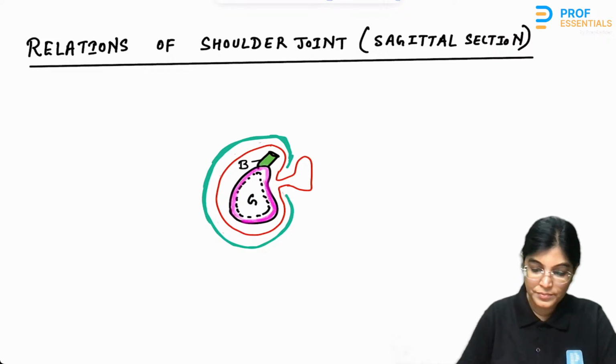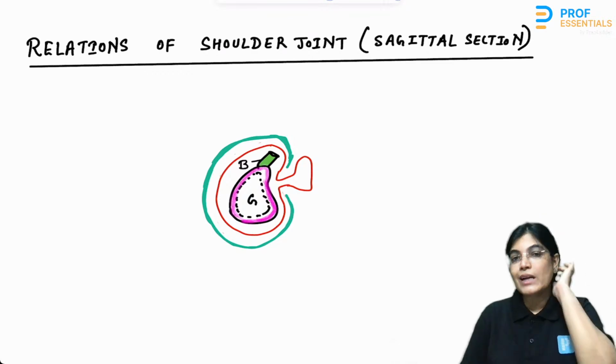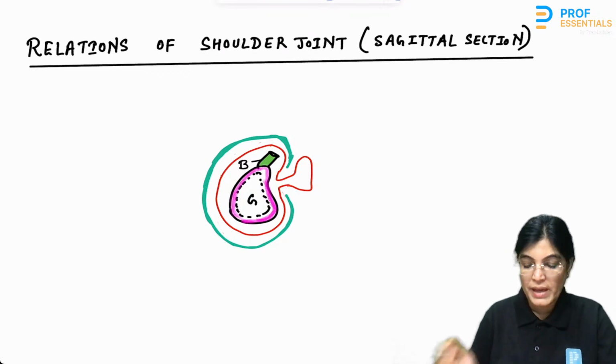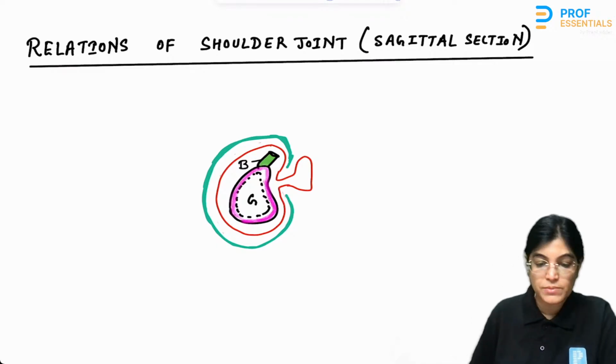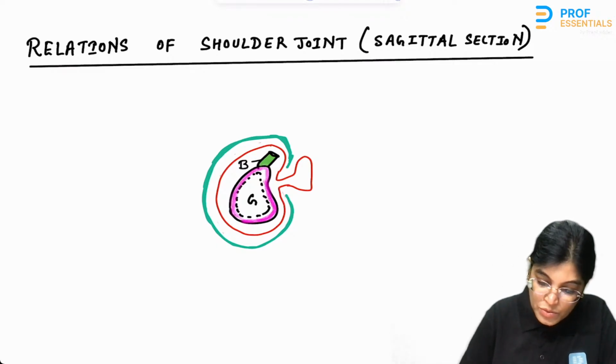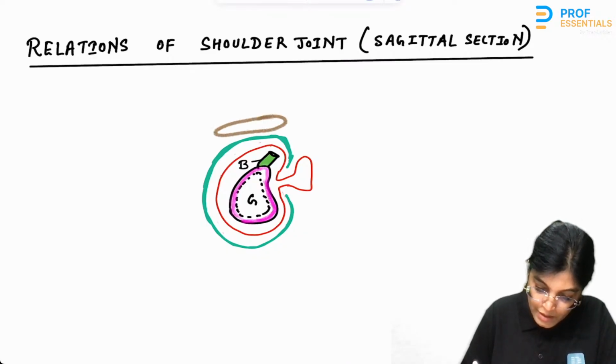I will label it all. Surrounding, we have to show the muscles. On the superior aspect, we have the supraspinatus muscle. I am going to use brown color showing the supraspinatus muscle.